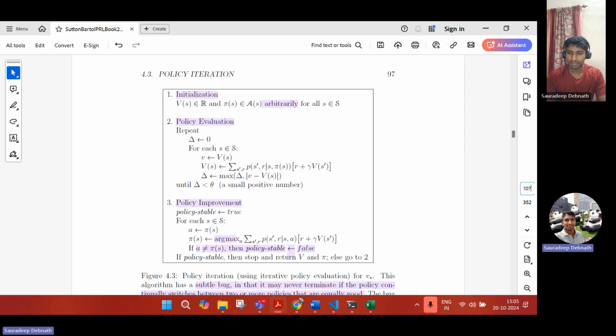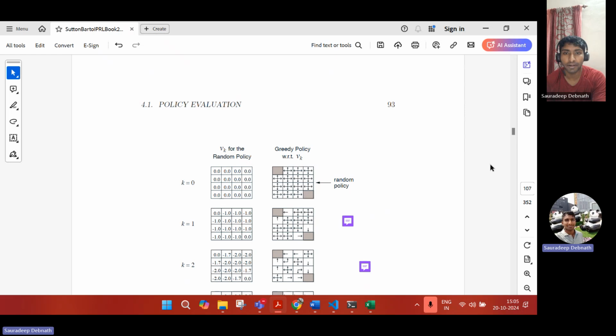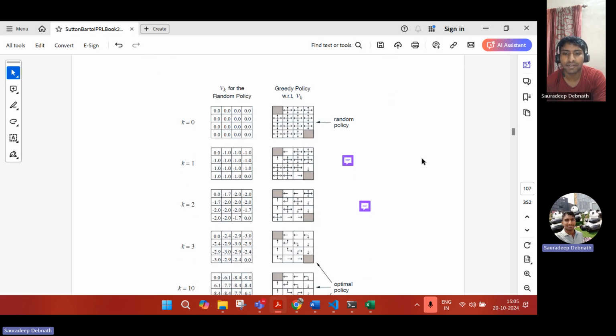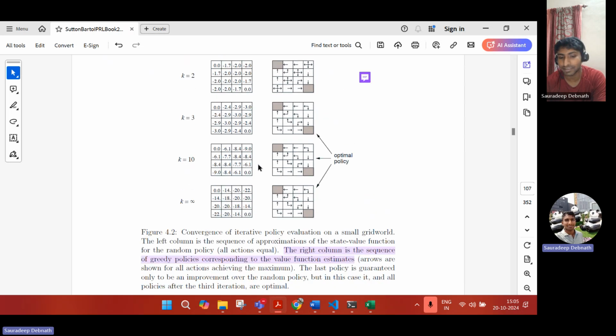So what we are studying today is value based reinforcement learning, as in firstly we'll try to assign a value to each state, like how good is that state, right?